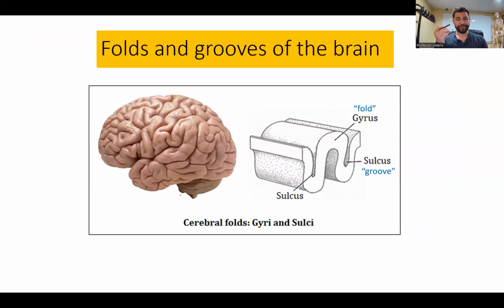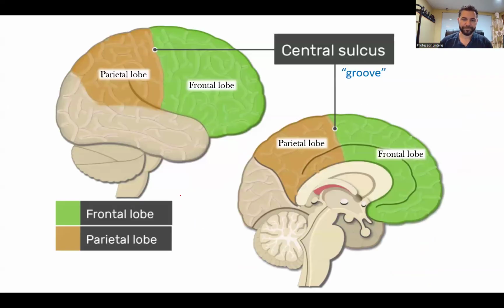And we previously discussed these gyri. Now we're going to highlight two specific gyri that are very, very important to cortical function, right? There is a groove, if you will, that separates the frontal lobe from the parietal lobe.